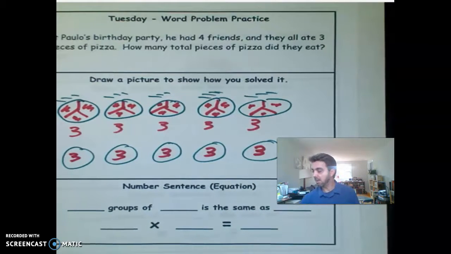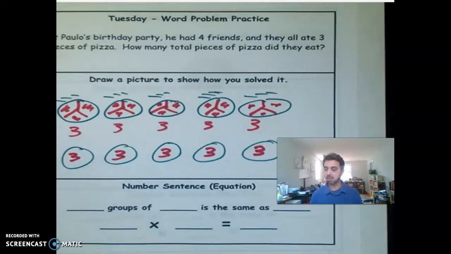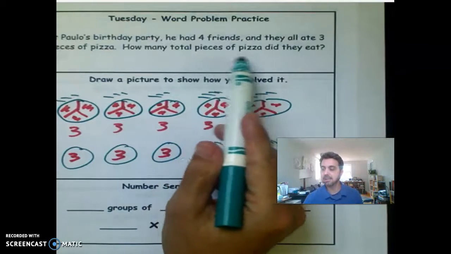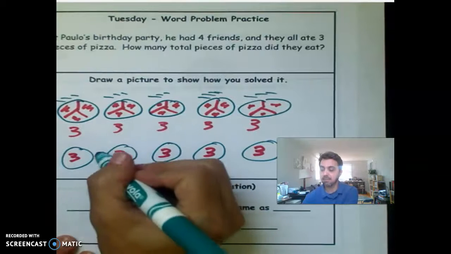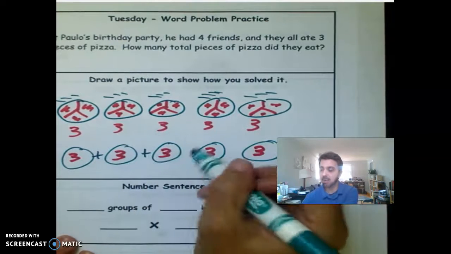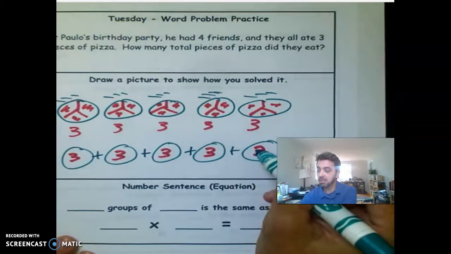So now we have to figure out, right, our number sentences. So we still haven't answered the question, right? How many total pieces of pizza did they eat? Well, they ate 3 plus 3 more, plus 3 more, plus 3 more, plus 3 more.